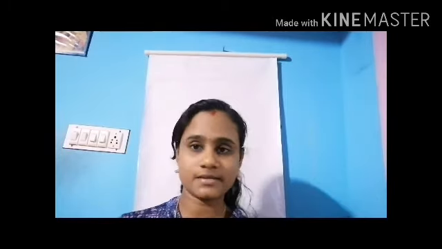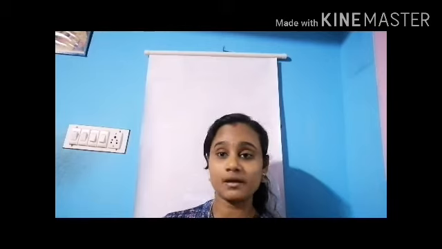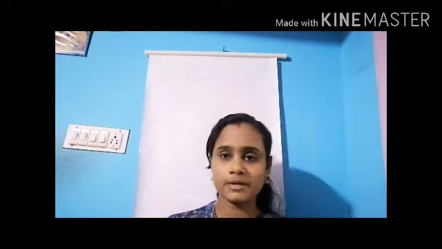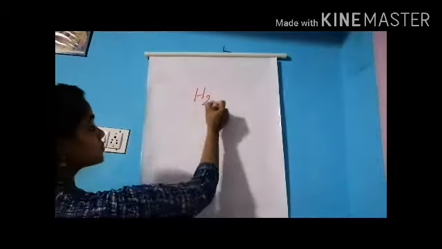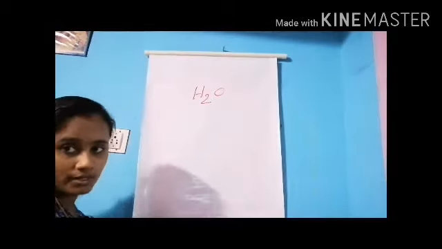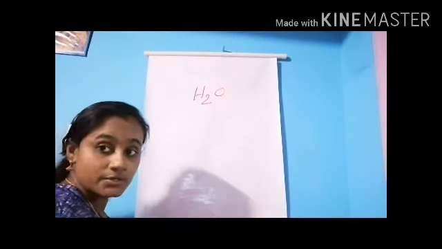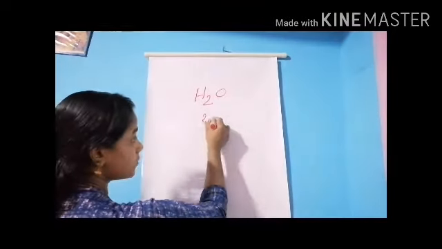Another example, water. Give reason: properties of water are entirely different from those of its constituent elements. What is the formula of water? H2O. There are 2 hydrogen atoms with atomic mass 1, so 2 into 1 is 2.